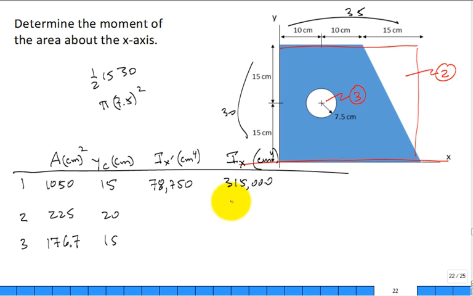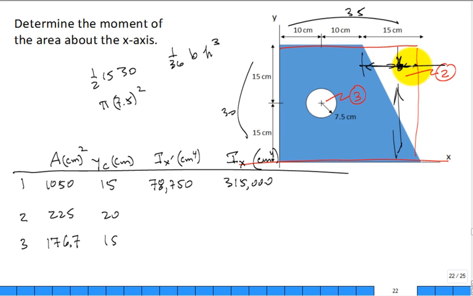All right. It's down 1/3 or up 2/3, over 1/3 or over 2/3, right? That's a centroid for a triangle. You can go to one of the covers that I gave you. There it is for the triangle. And what is that equation for I sub x? 1/36 times the base times that height cubed.